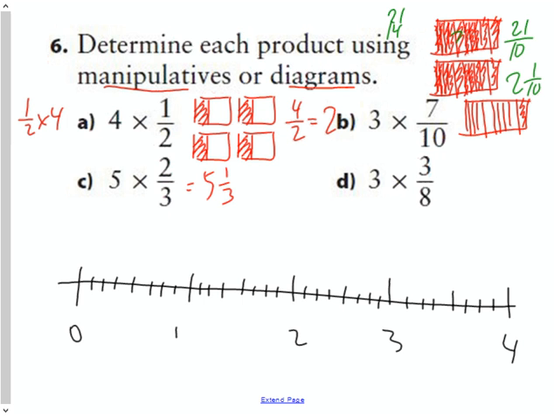Now my number line is divided into eighths, this one being, of course, 1. So 3 groups of 3/8 would be 1 group of 3/8, 2 groups of 3/8, 3 groups of 3/8. I think that's right. And the answer is 3 groups of 3/8 would be 1 and 1/8. That's 1 and 1/8 there. So the answer would be 1 and 1/8.